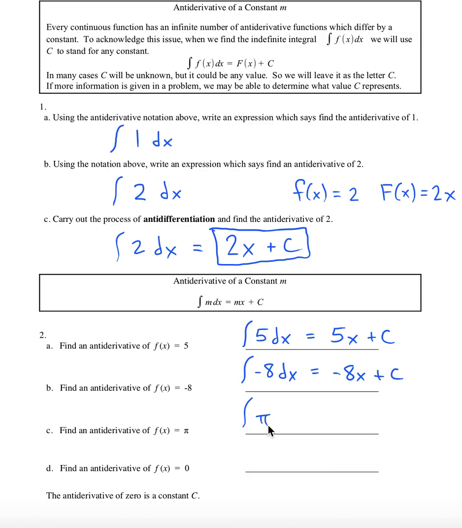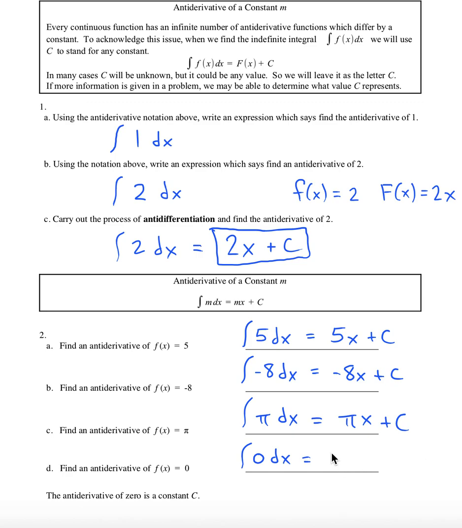Pi is just a constant. It's a number, so it fits the general form here. We'll make it pi x plus c. And here's an interesting one. A function whose derivative is 0.